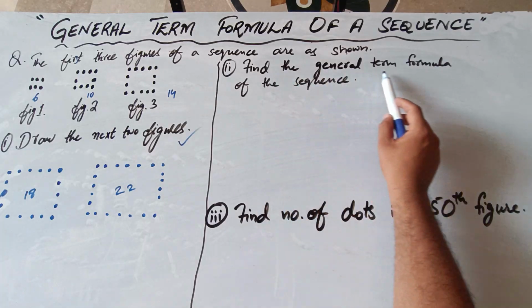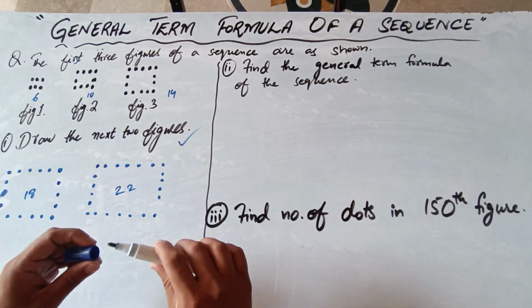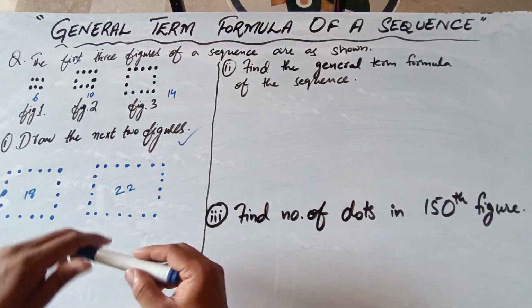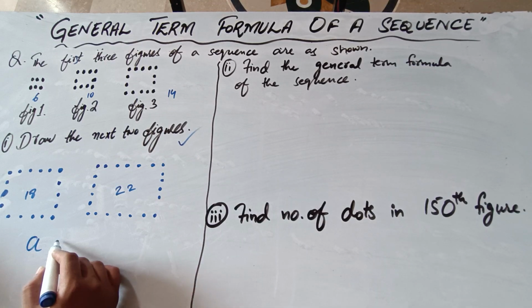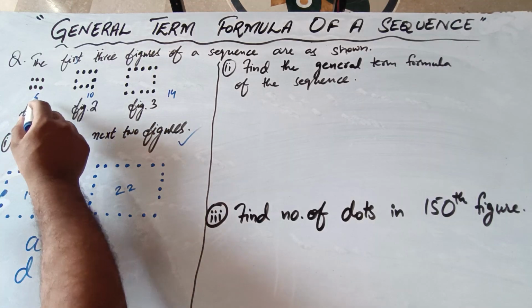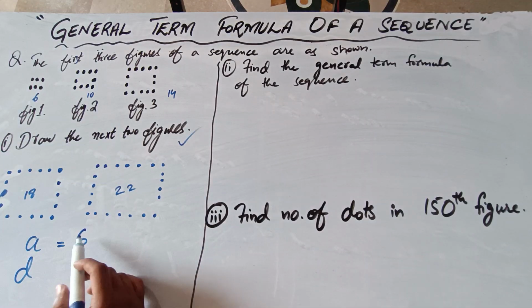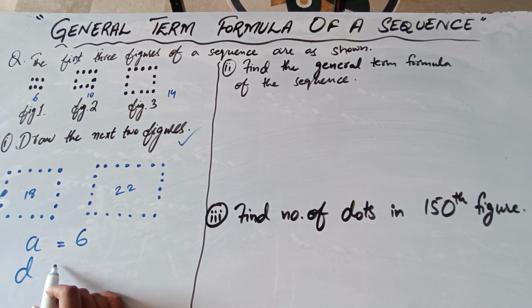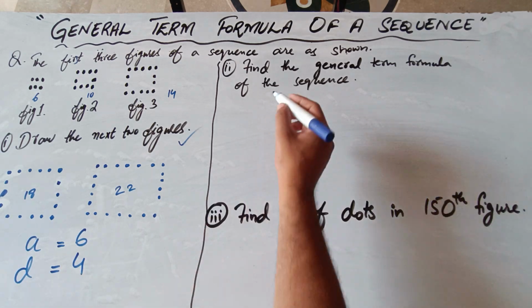Now find out the general term formula of this sequence. Now what is the first term? To find the general term formula, we must know the values of A and D. So A is the first term. In the first figure there are 6 dots. So in place of A, we will write 6. And what is the difference? Difference is 4.